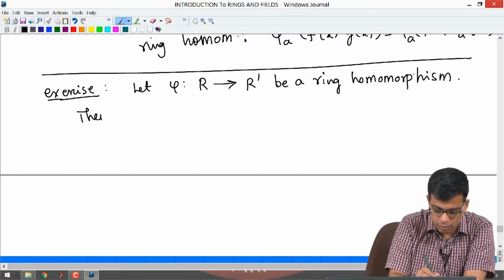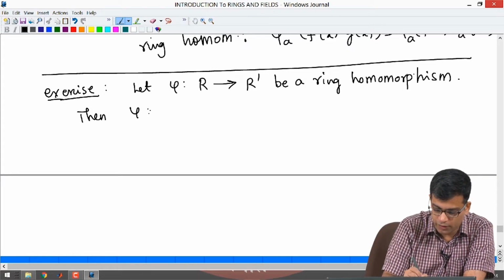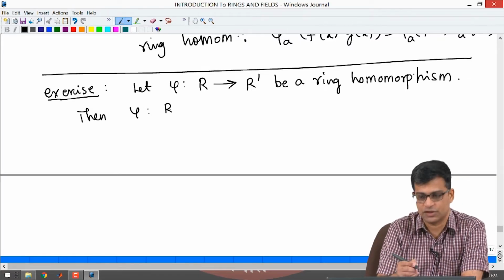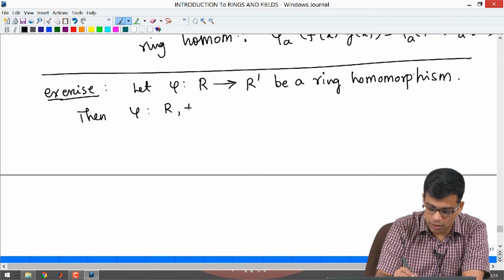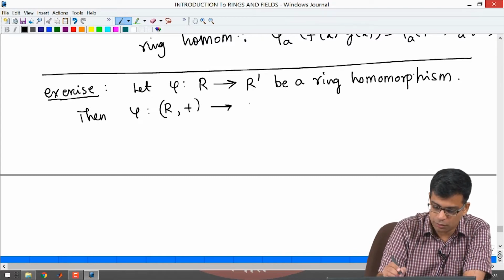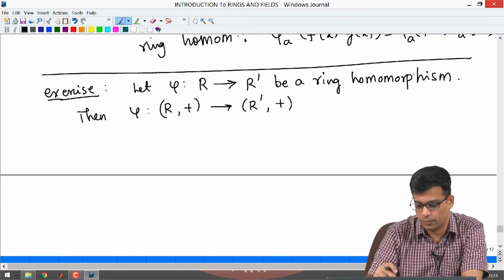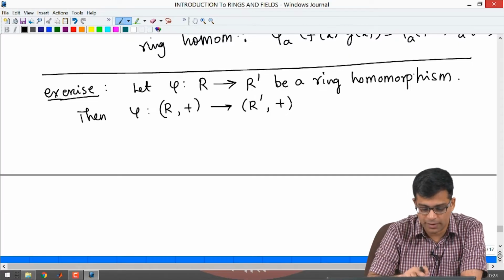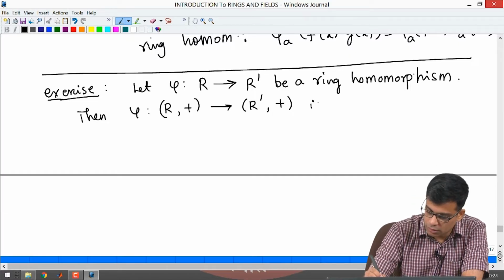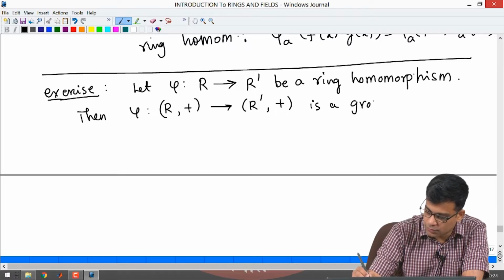Then if you simply look at phi, forgetting the multiplicative structure, in other words just looking at the additive groups of R and R prime, phi from R to R prime as a function of the additive groups is a group homomorphism.